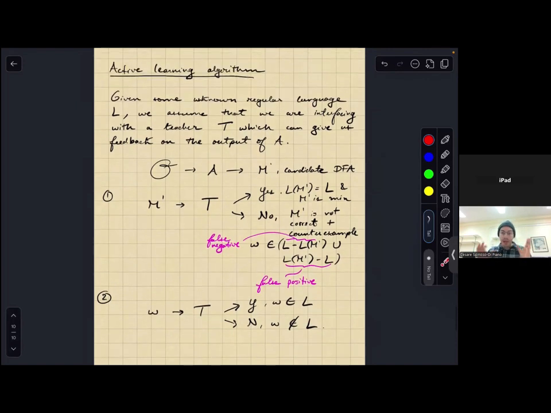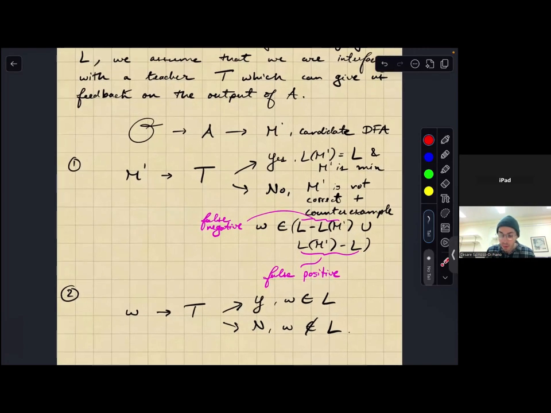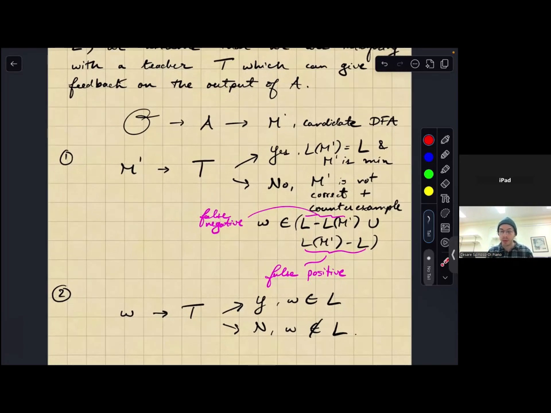Now, at this point, I think many of you might be very puzzled, because I'm saying we want to generate a candidate DFA, or the correct minimal DFA. And I'm saying T knows that correct answer and it can tell you yes or no whether a string is in the language.